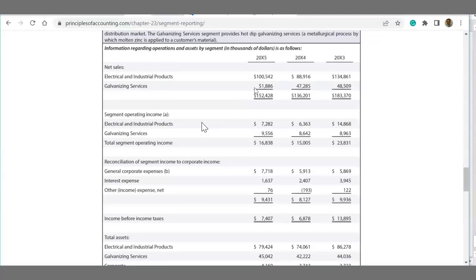Okay, so one more time from top to bottom. Here is your total net sales. Net sales minus traceable segment expenses gives you operating income. So expenses are not showing here, but we just got the operating income. Remember, in a regular income statement, we have sales minus cost of goods sold gives you gross profit.